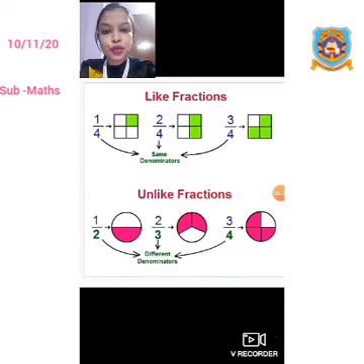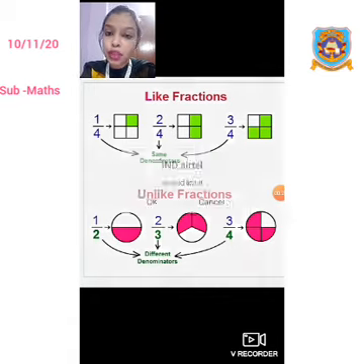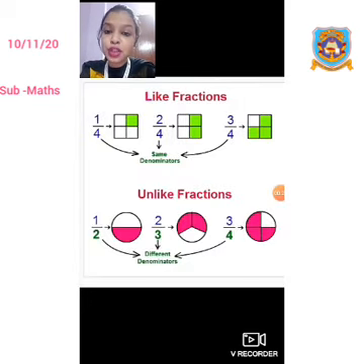Now children, how to identify like and unlike fractions? Here I have taken 2 figures. The first is squares, I have taken 3 squares, and the other is circles, 3 circles. In the first picture you can see the square is divided into 4 equal parts. Similarly the second also 4 and the third is also 4. Now what do we have to write? We have to write the fraction of the shaded part.